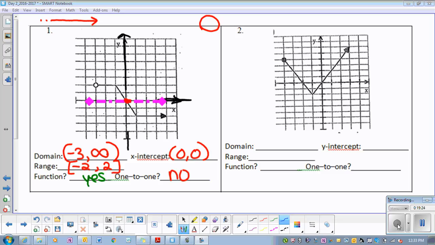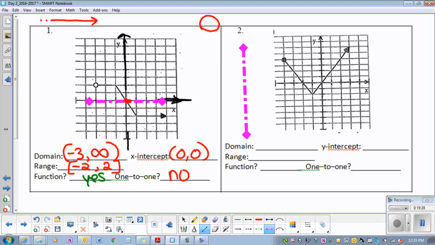Okay. So the domain for this means I have to look at it from the left to the right. Okay, so from the left. You know what? I don't have an arrow on the left. So it's not coming from -infinity. It's actually starting at, let's see, -1, -2, -3, -4, right?